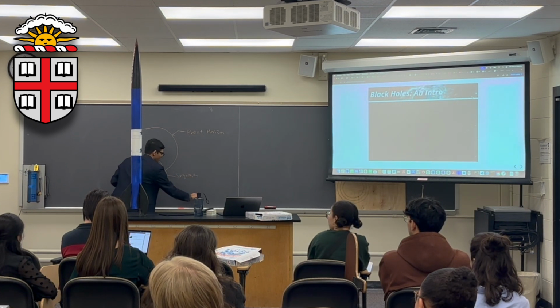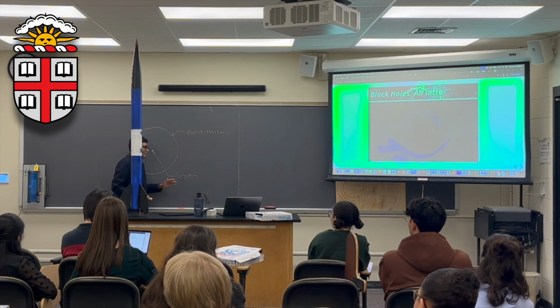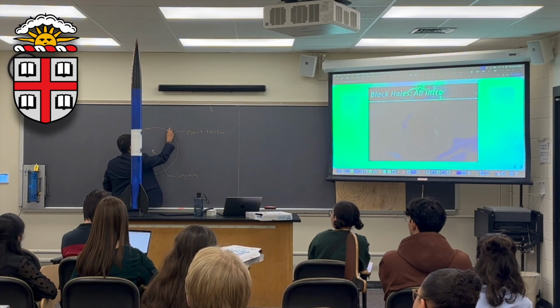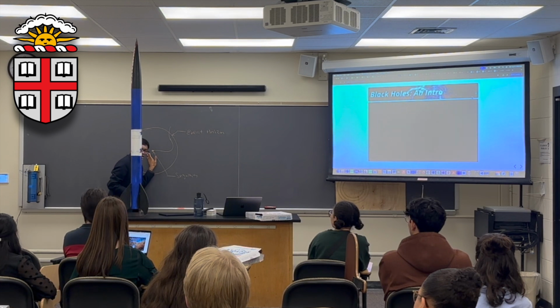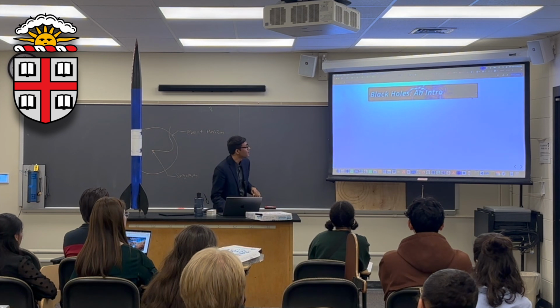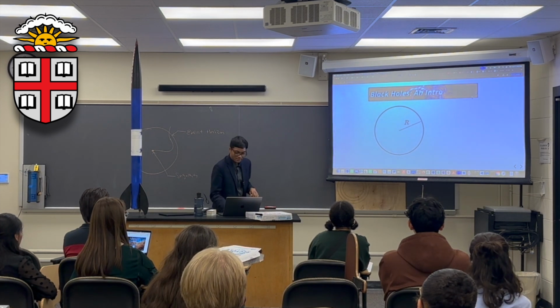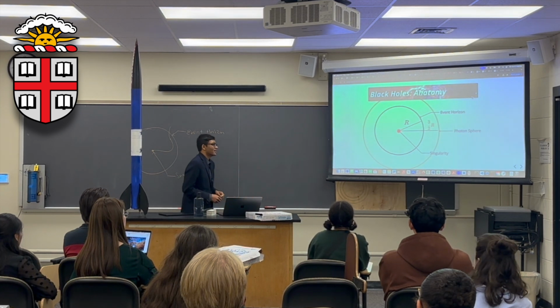Anything that trespasses this event horizon can never exit the black hole again. Even light itself, if it trespasses this event horizon, is forced to hit the singularity like this. So that's what you see in this diagram right here. You have the black hole's radius, and you have its event horizon and singularity.